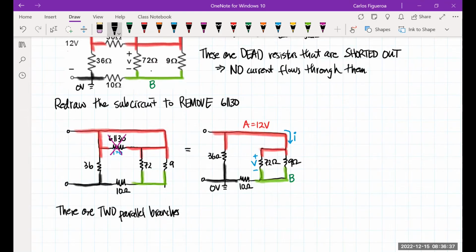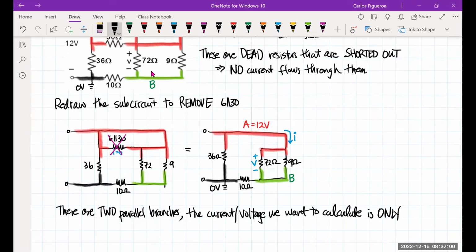And here's what you should note here, that the current and voltage we want to calculate is only on the right branch.